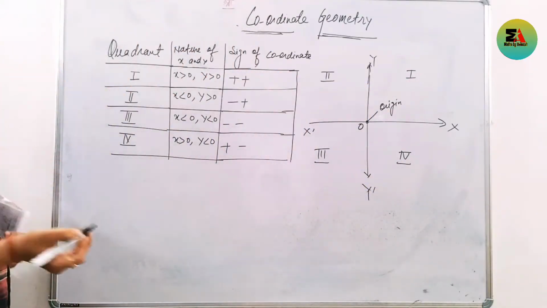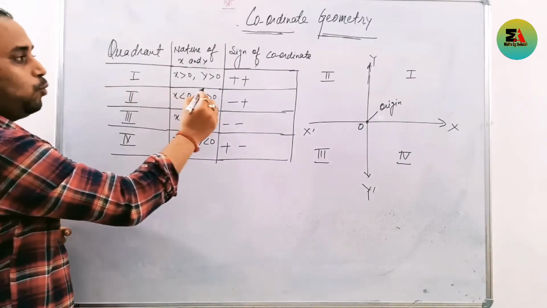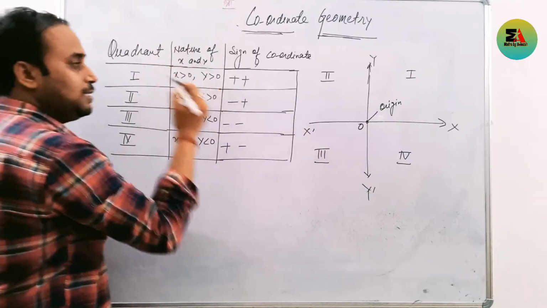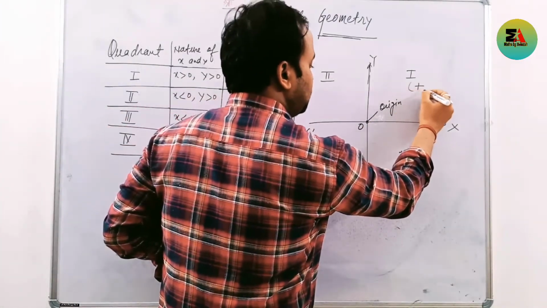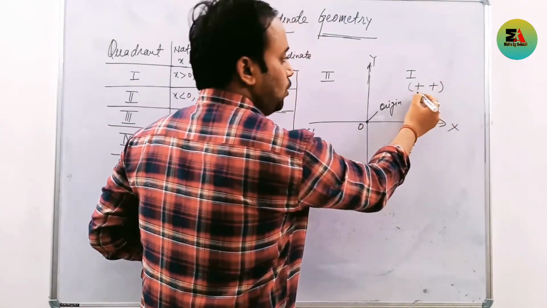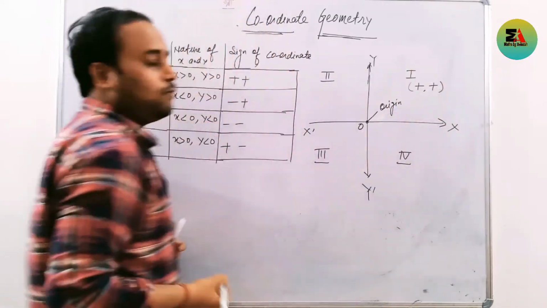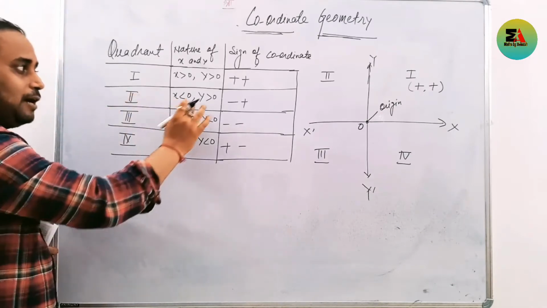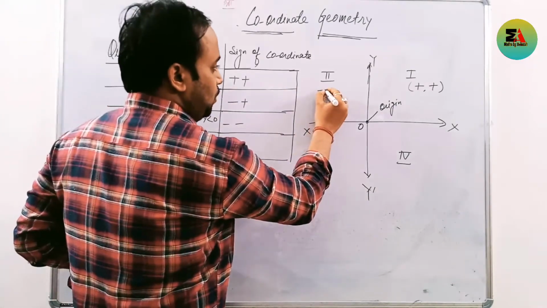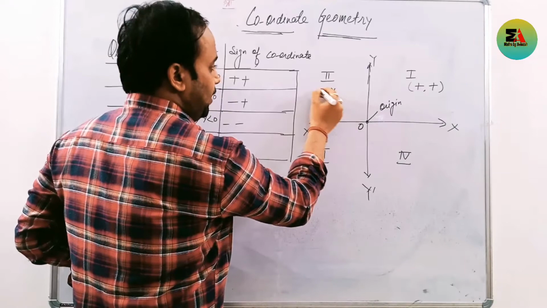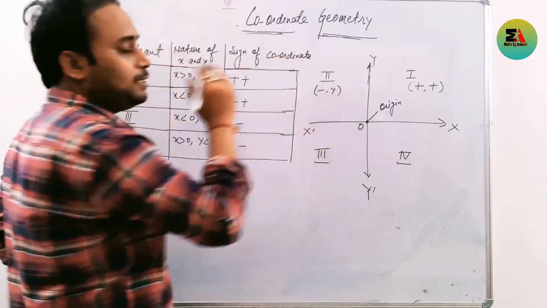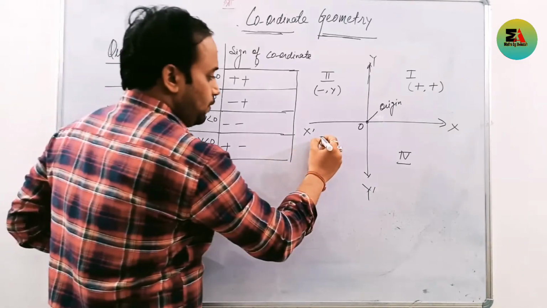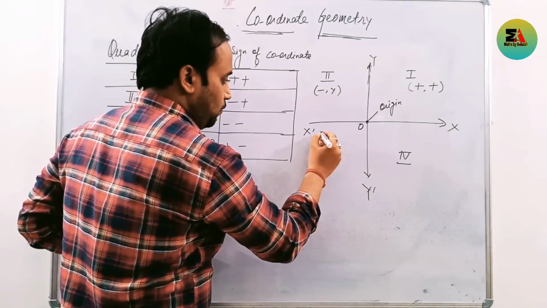From earlier information we know that in the first quadrant both values are positive. It means x is greater than 0, y is greater than 0. In the second quadrant, the value of x is negative and the value of y is positive. Clear? In the third quadrant, the value of x is negative as well as the value of y is negative.